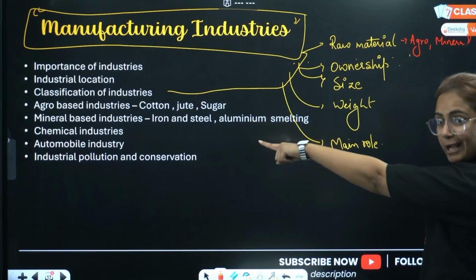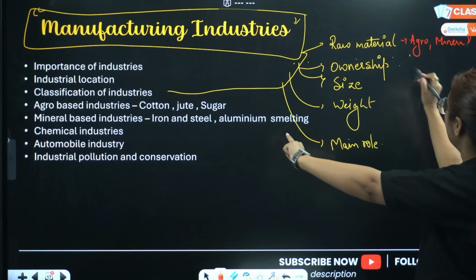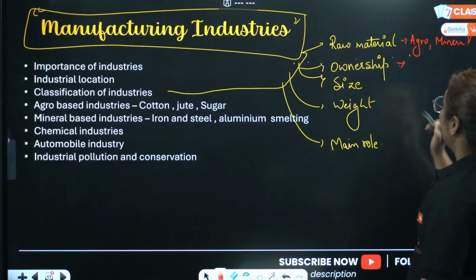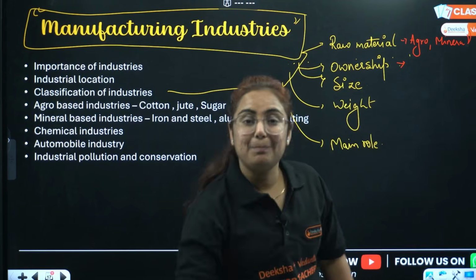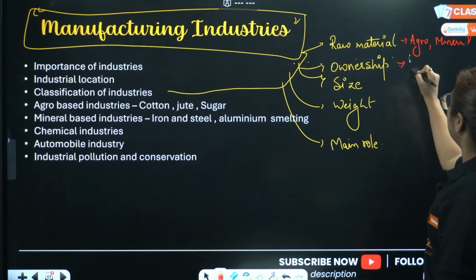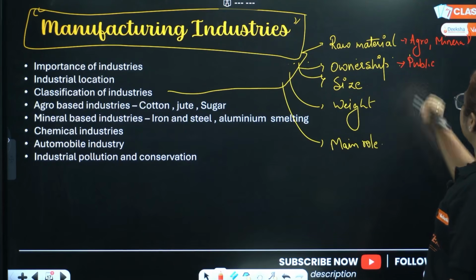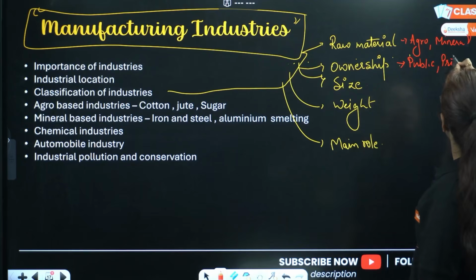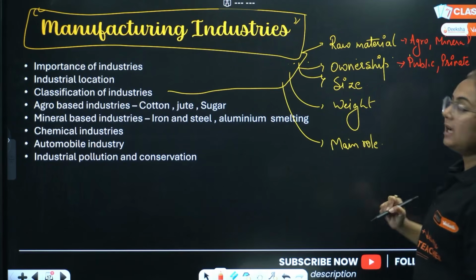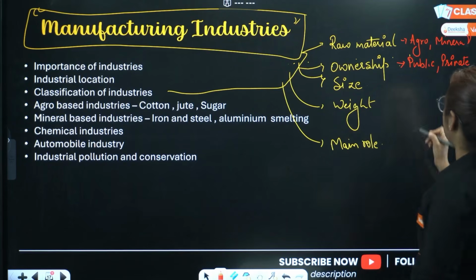We will study everything here in detail. On the basis of ownership, what are the criteria? Public sector industries are owned by the government. We have private sector industries owned by a single individual.